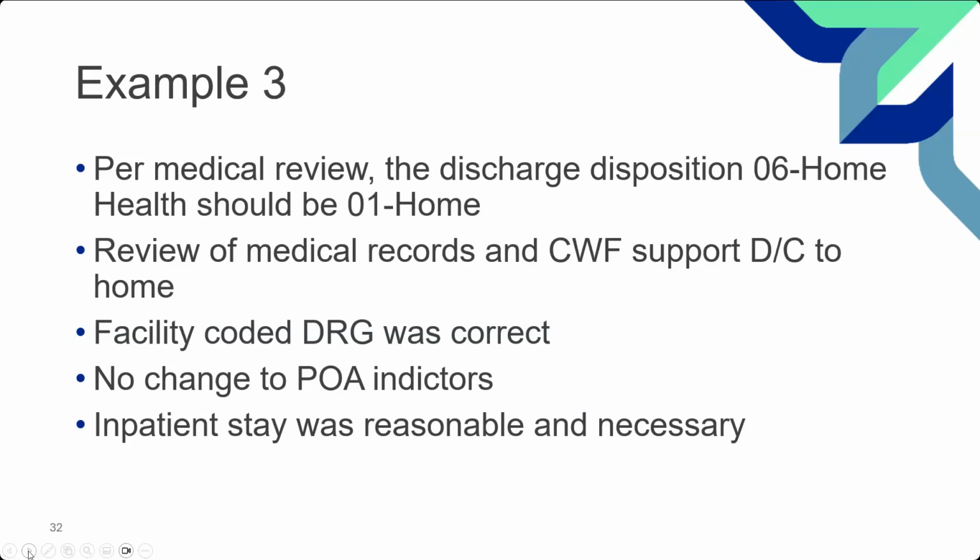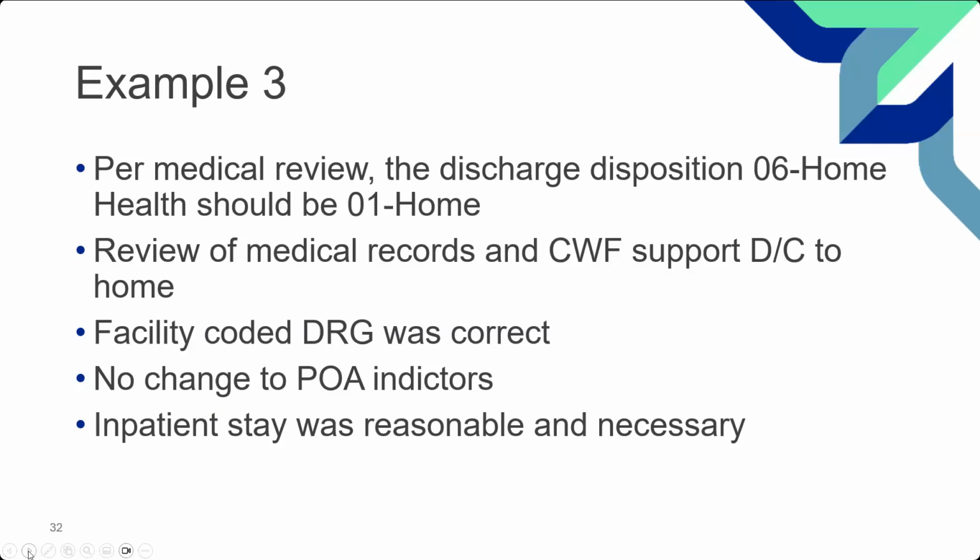So after they reviewed the submitted medical record, the common working file, the beneficiary was actually discharged to the home. And so they agreed with the coded DRG. There was no change on the POA indicators in this one as well. The inpatient admission was for a right total knee. It was found to be reasonable and necessary. And the CERT contractor did receive all of the inpatient information.